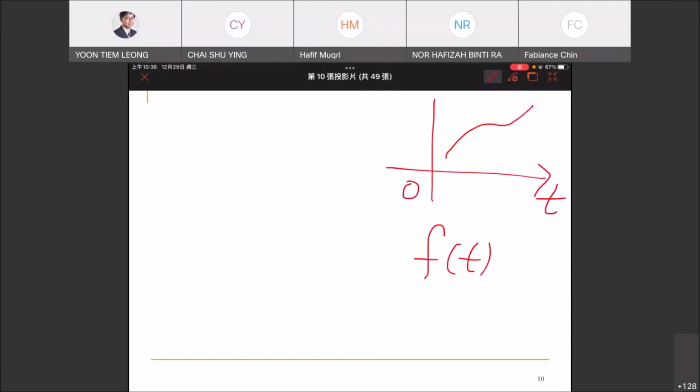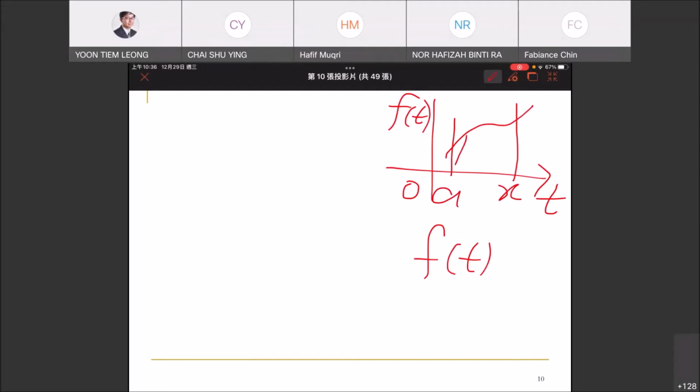Then f(t) starts from some initial value a, and ends at some value on the other side, which is b. But instead of calling this b, I'll call this x. The x is the upper limit of the function f(t), which I'm going to integrate.